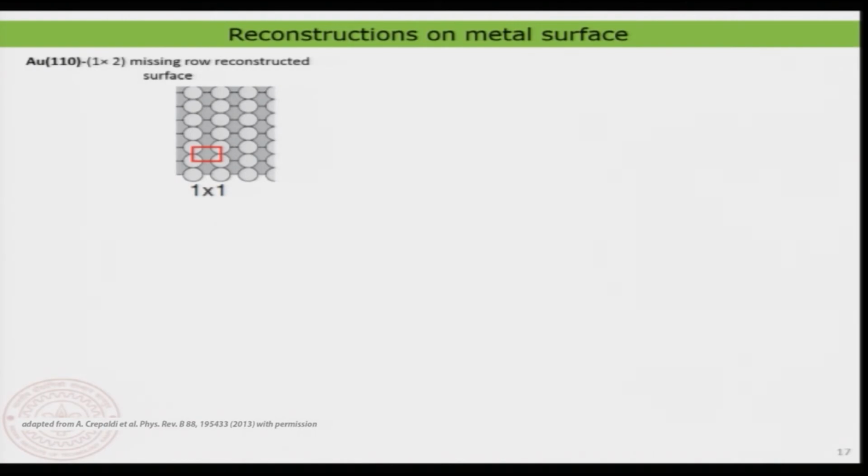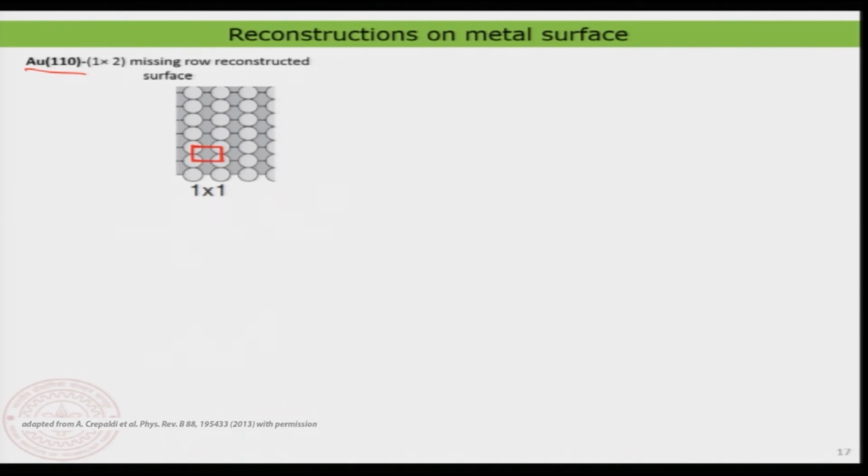We can now have a look at a different type of surface, the gold 100 surface, and its 1/2 missing row reconstruction. This is the typical unit cell of the gold 110 surface, which you have already become familiar with in our previous lecture.